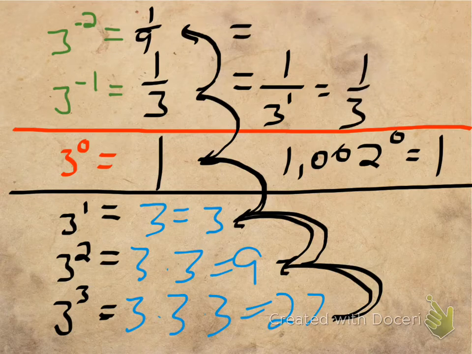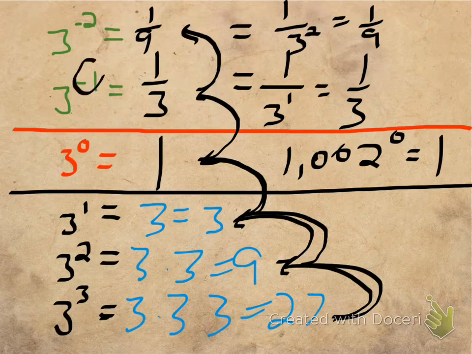And this really equals 1 over 3 squared, which is 1/9. And it'll keep going. The next one's 1/27th, 1/81st, and it'll just keep on going. So these negatives basically mean it turns into a fraction. It goes on the opposite side of the division bar. You're dividing by 3 again and again and again. Alright?